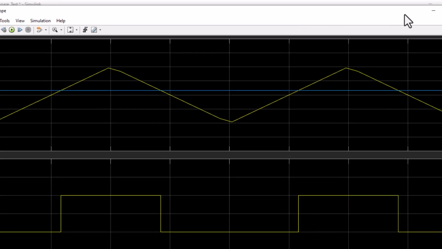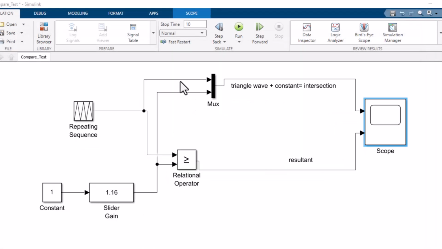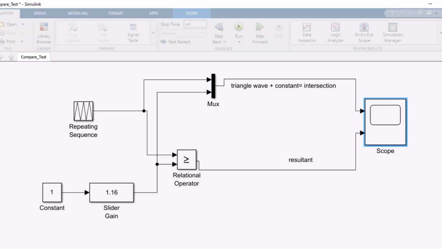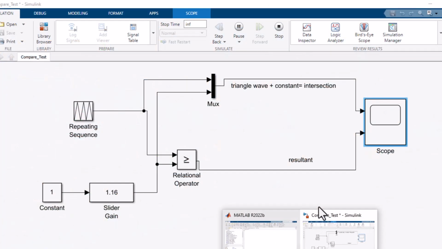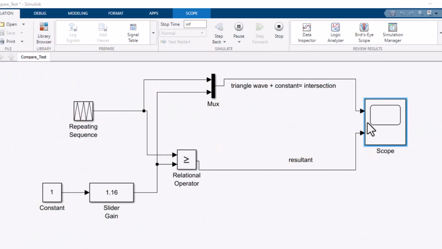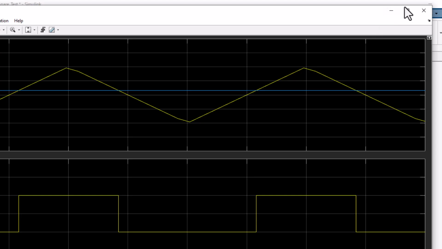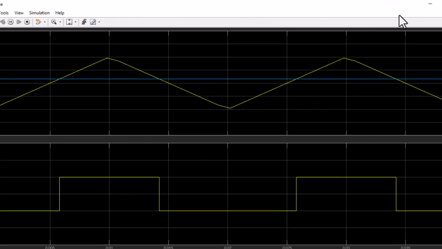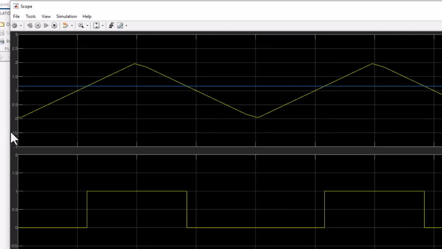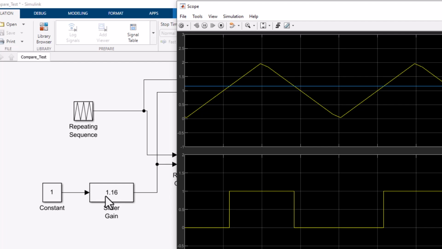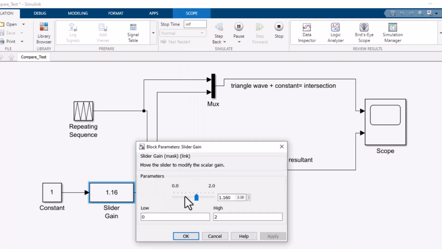If you see, I'm running for infinite, and while running I can vary the value of the constant. The value of the constant will decide how the wave will be generated. Let's open the scope and keep it here, and let's vary the slider gain block to, let's say, 0.5.